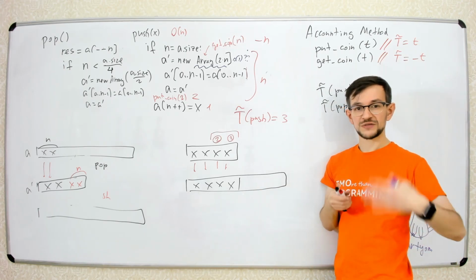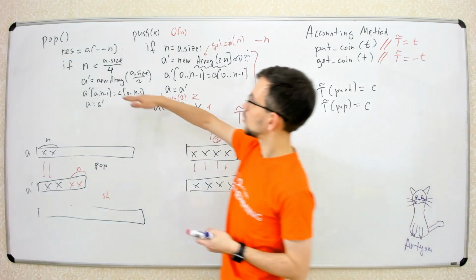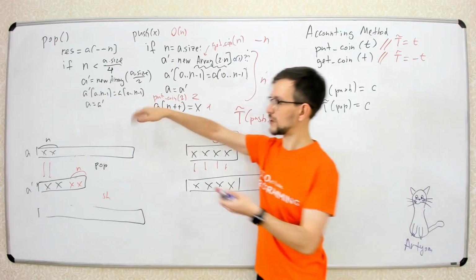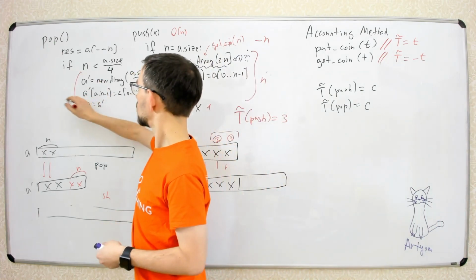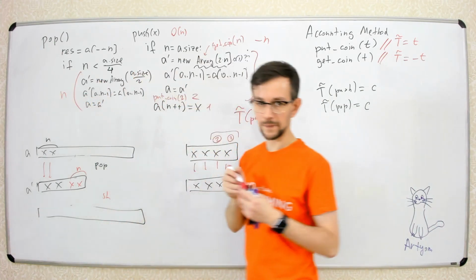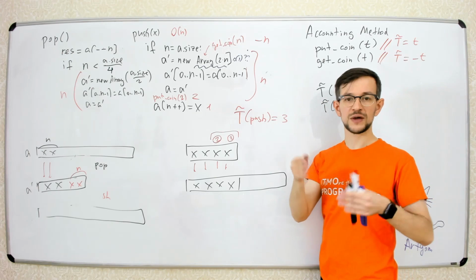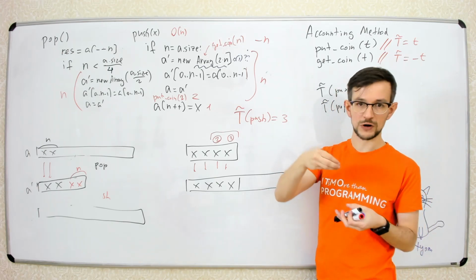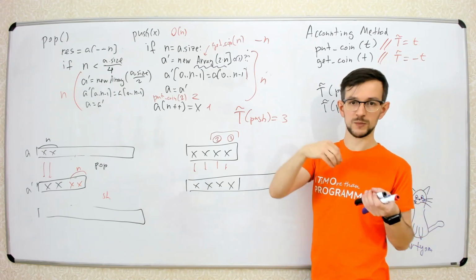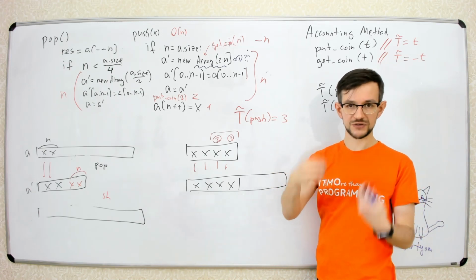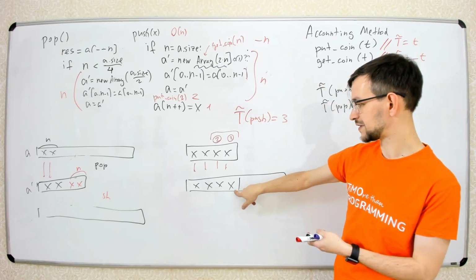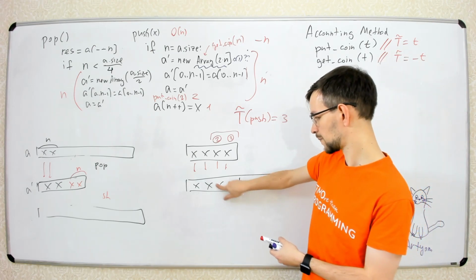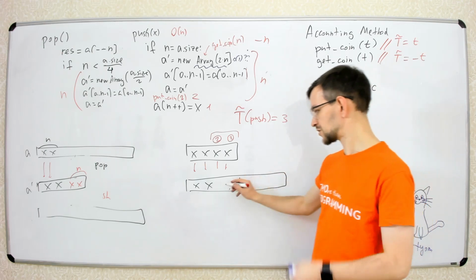Now we need to save some coins for when we need to decrease the size of the array. When we decrease the size of the array, again we need to spend n coins here. So how to save another n coins? We will save these coins when we have pop operations. Each time we pop elements from the stack, we will save some coin. So when we pop these elements from the stack, pop, pop, we will put coins here.